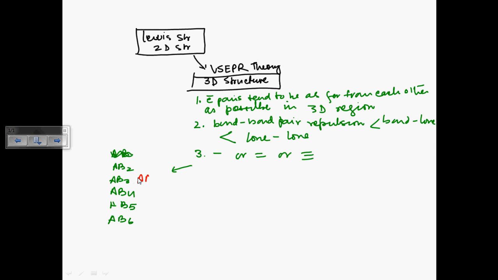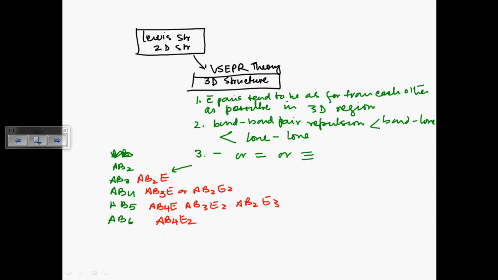So you get AB2E, AB3E or AB2E2, AB4E, AB3E2 or AB2E3, and AB4E2. That's the one that we generally focus on.